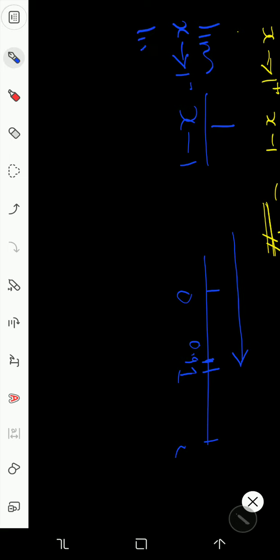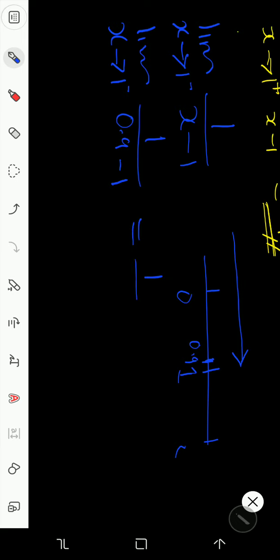So the limit as x approaches 1 from the left. This negative here doesn't mean you have to put a negative number. This negative simply shows you where the limit is approaching 1 from. So let us put 0.9 where there is x.